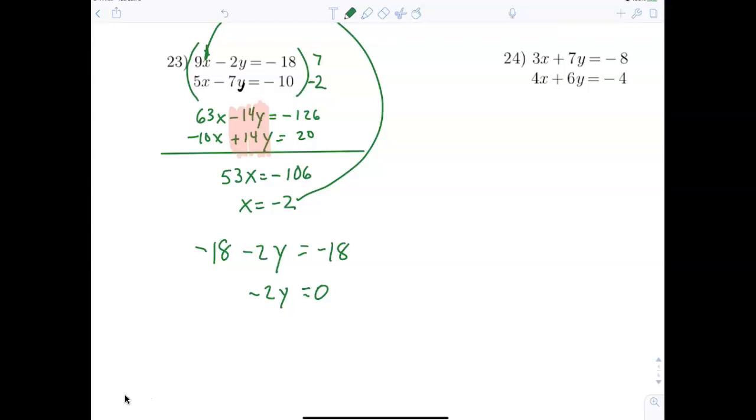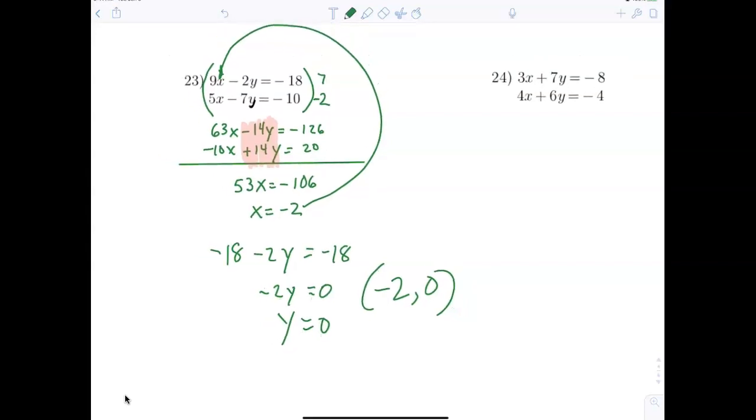So Y has to be what? Yes, Y is 0. So now, all right. What? The bottom one, yes. If it's easy. Yep. Either one. Any one of those equations.